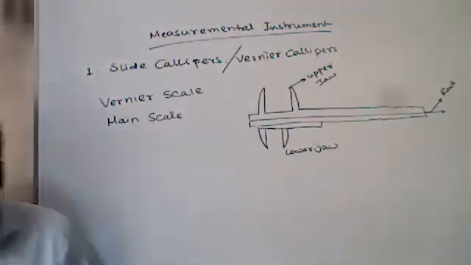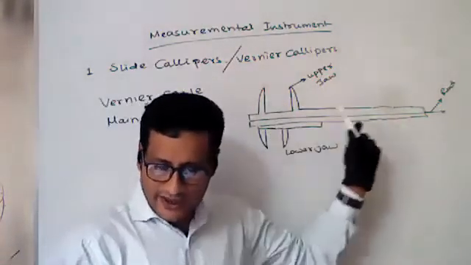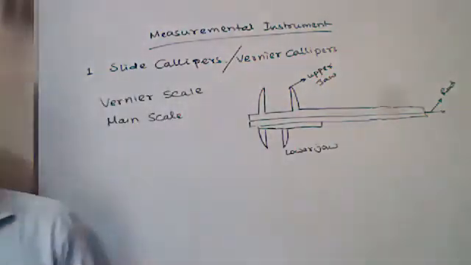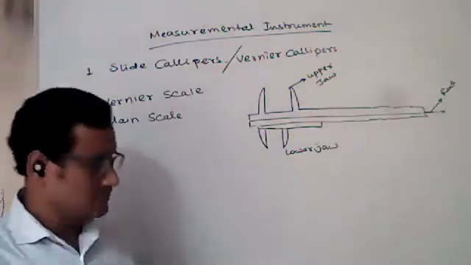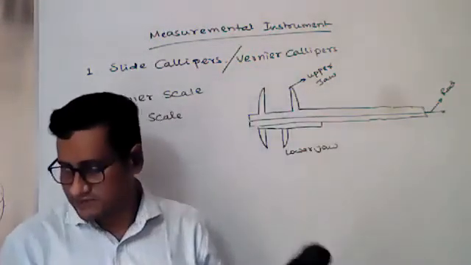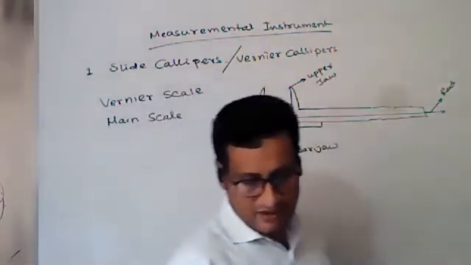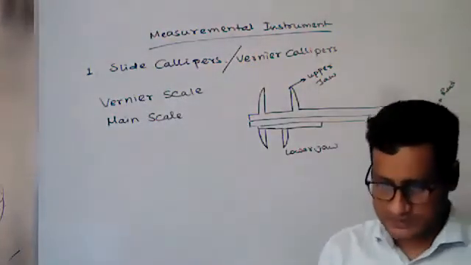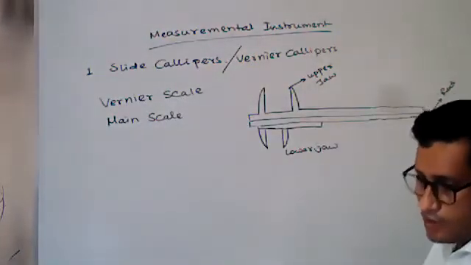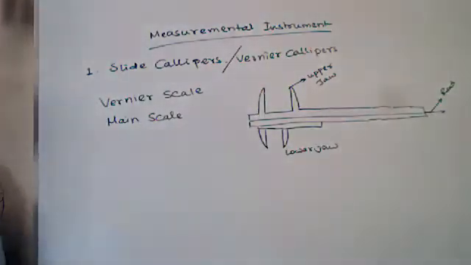So there is a function of the upper jaw, lower jaw, and rod. By the upper jaw, we can determine the internal diameter of a hollow object.